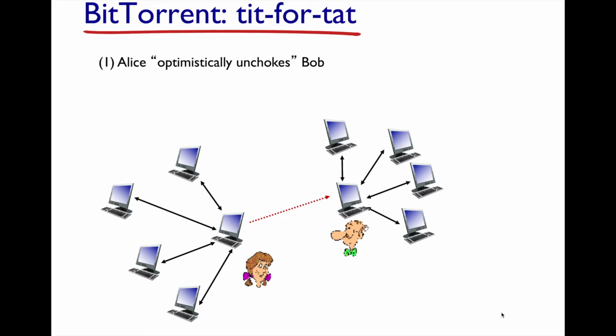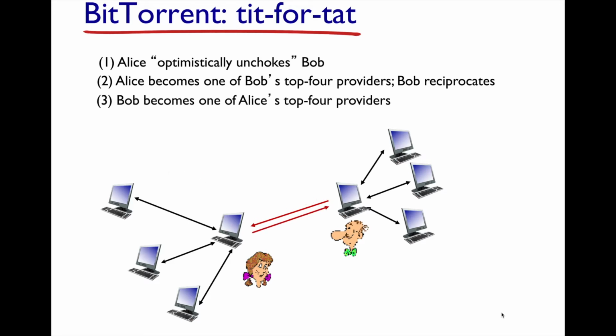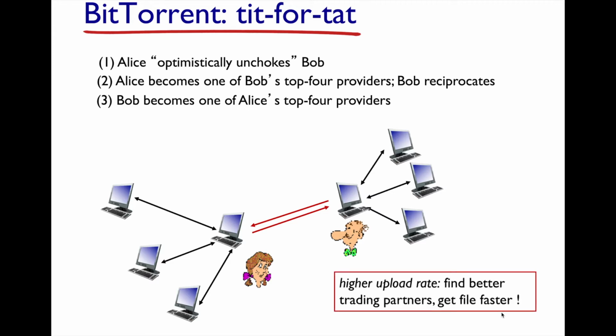So Alice optimistically unchokes Bob, and she becomes one of Bob's top 4 providers, meaning that she has pieces of files that Bob needs to download. So then Bob reciprocates and becomes one of Alice's top 4 partners because there's a lot of high bandwidth exchange of data between the two, and then she starts trading with him.